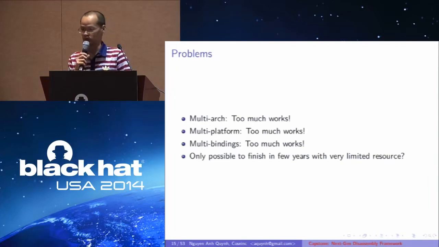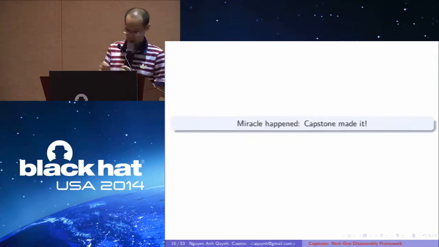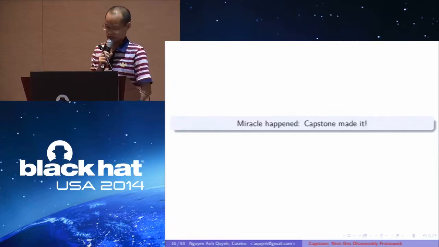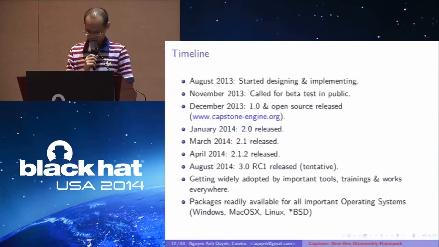I can only spend my spare time on that. I don't work on it full time. I could only design and implement Capstone in my free time. So that's the problem. But a miracle happened, because we made it.